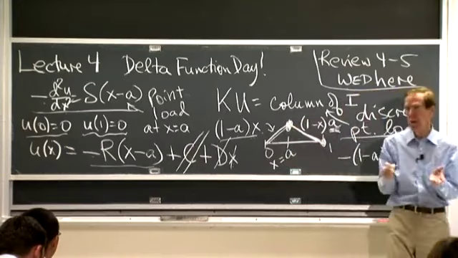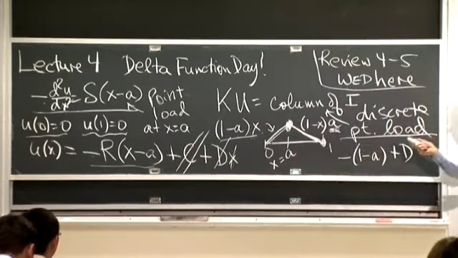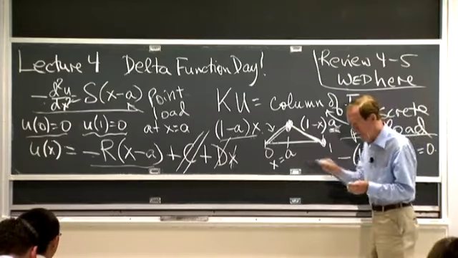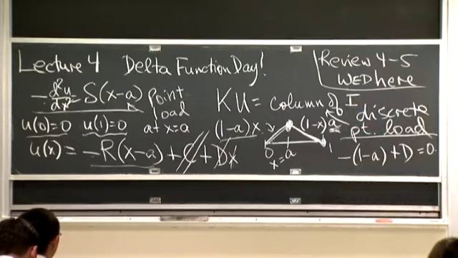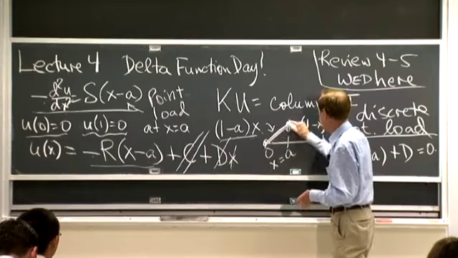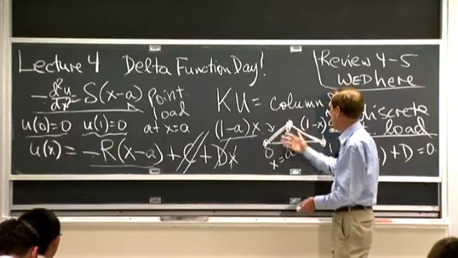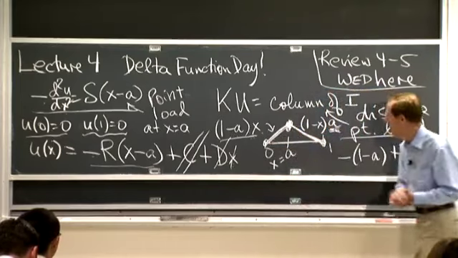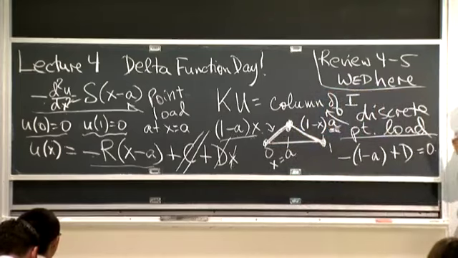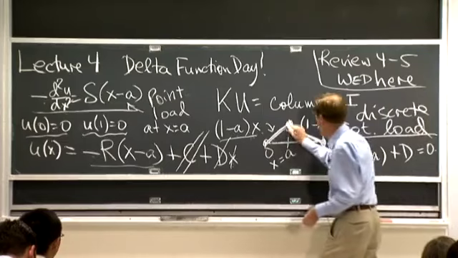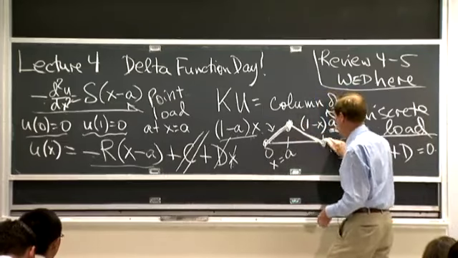When I ask about jump conditions, I want to know what are the conditions on u of x, the displacement? What are the conditions on the slope, u prime of x? That'll be the strain when we're speaking about elasticity. Just for u of x, what's the statement about u of x from the left and from the right at that critical point, the point of the load? From the left and from the right, u of x is the same. U of x matches up. U of x from the left is that height. U of x from the right is that.